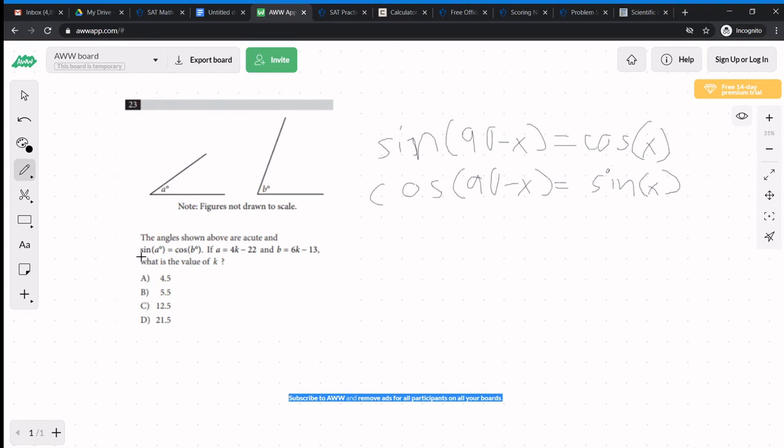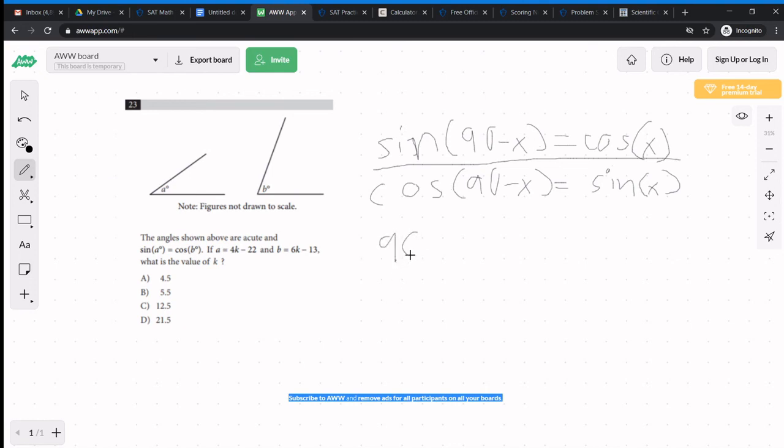And when we see sine of some angle equals cosine of another angle, immediately we should be thinking about these formulas. If sine of an angle is equal to cosine of another angle, that means they add up to 90. In this case, let's just take, for instance, that it's the first one.